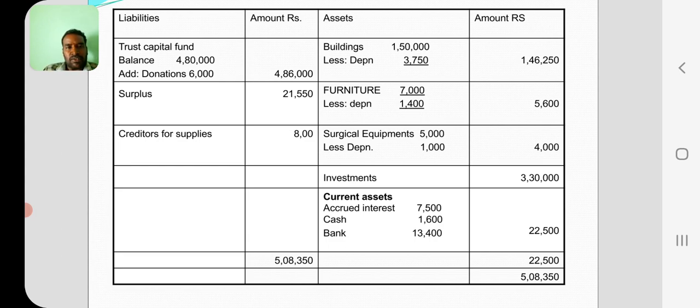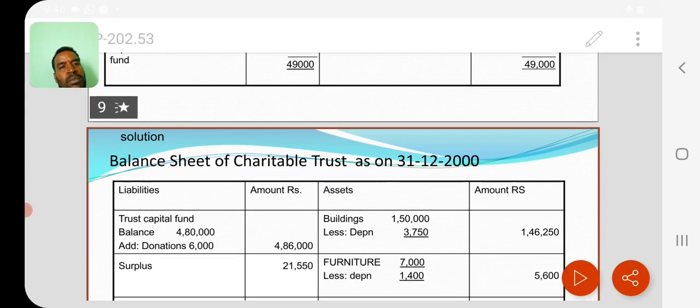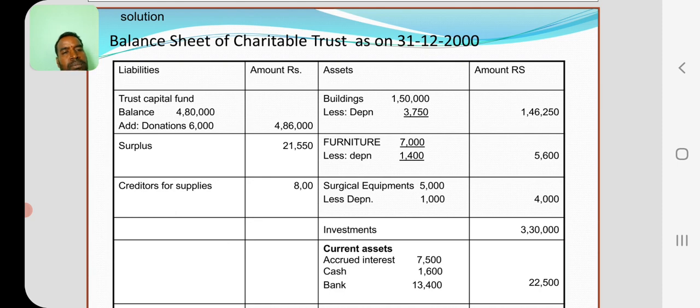Next, surplus. We got the surplus by solving the income and expenditure. We got that 21,550. Creditors for supplies 8,800.